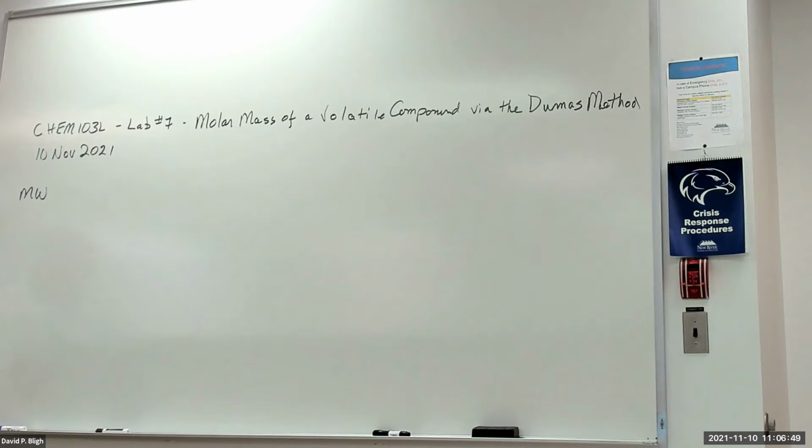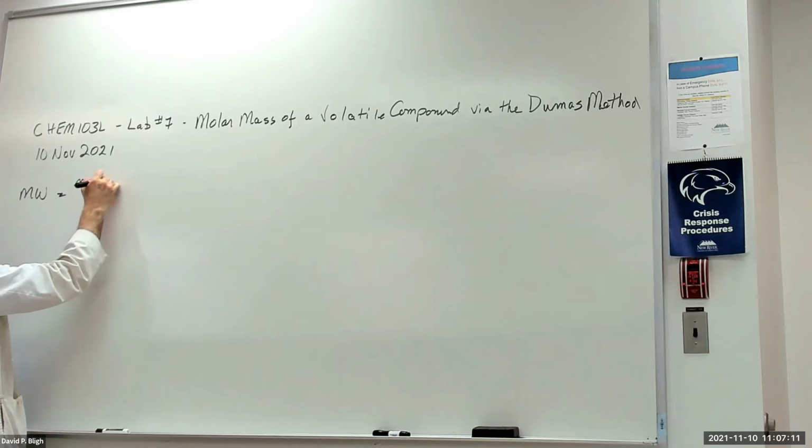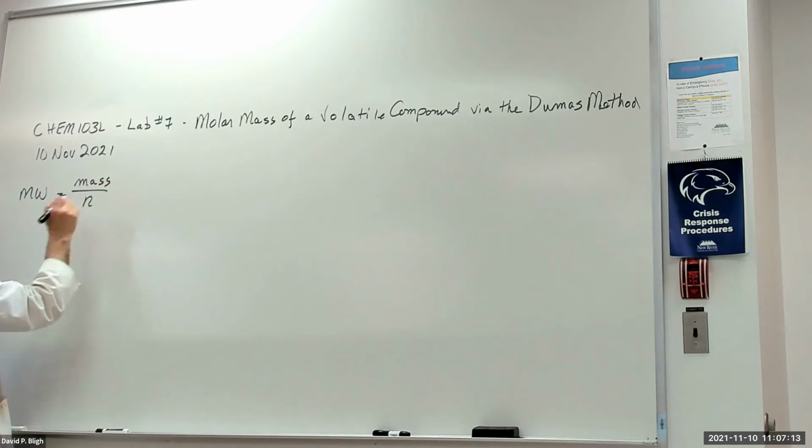The method uses a big M for molar mass. The reason I don't use the big M is it looks like molarity. So molecular weight comes from my childhood as a student. We called it molecular weight then, even the professors did. It is the mass in grams divided by the moles.